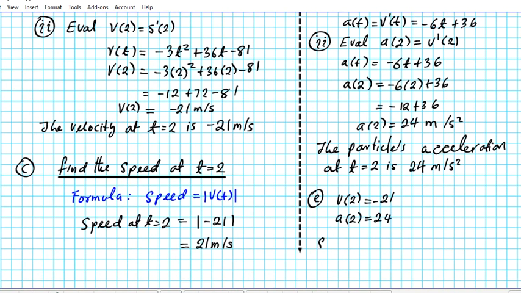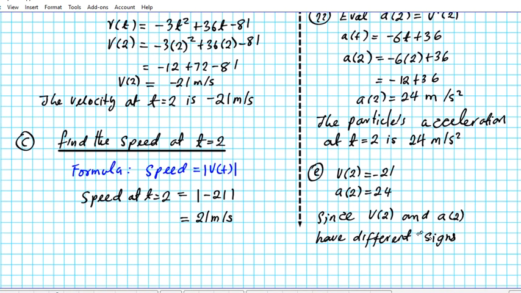So we write: since v of 2, the velocity at t equals 2, and a of 2, the acceleration at t equals 2, have different signs, that's a slowdown, and the particle is slowing down.